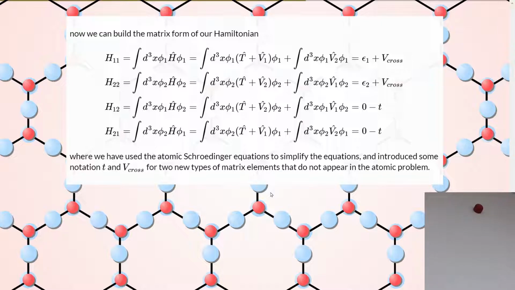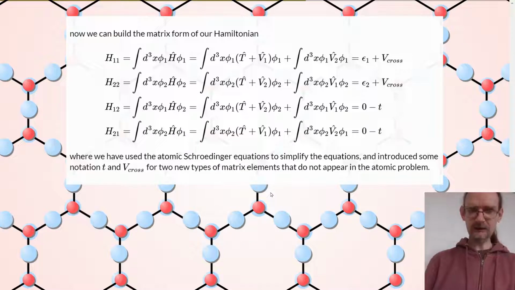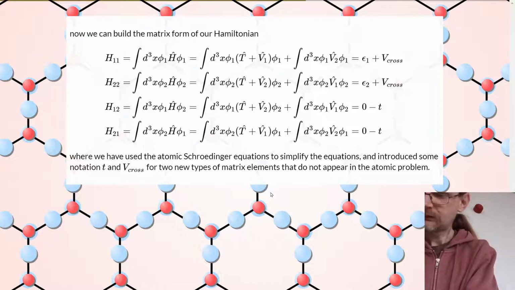I'm going to call the bit on the right, phi 1 V2 phi 1, V cross. I'll call this other bit epsilon 1, the energy of the electron on the first atom. Why have I done that? Let me write this down.